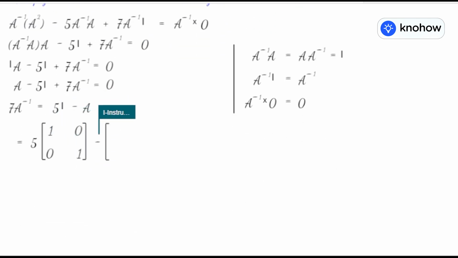It is 3, 1, minus 1, 2. So multiplying by 5 to the identity element, you get 5, 0, 0, 5, minus 3, 1, minus 1, 2. Subtract the corresponding elements. And this is the value of, remember, 7 times A inverse.